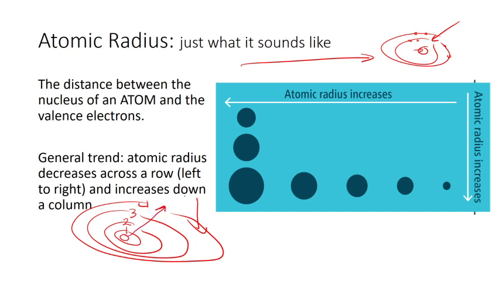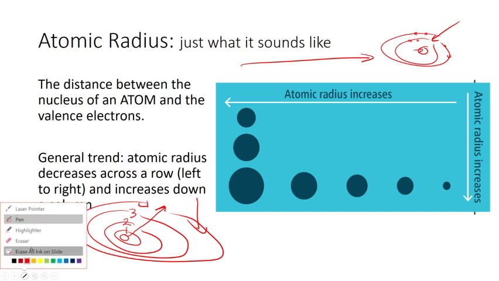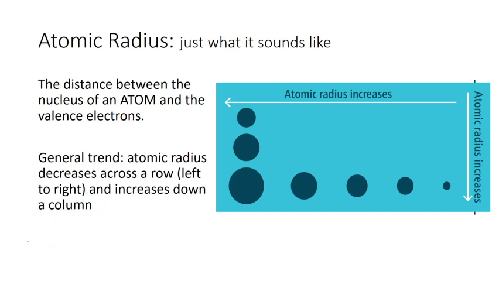Those valence electrons are getting further and further from the nucleus. And so the nucleus has less of a pull on those valence electrons, and the radius increases. And so that is why that trend is the way it is.